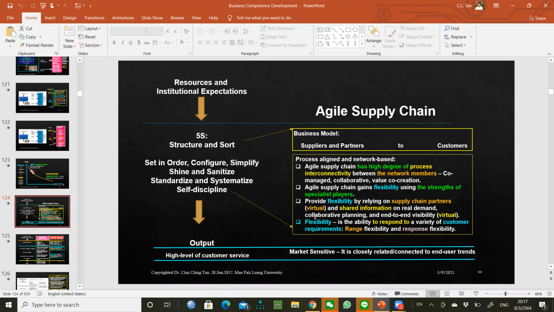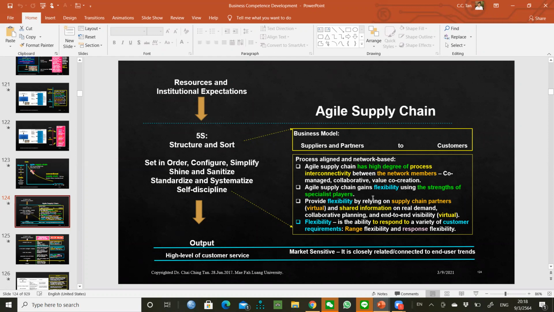Okay, so you can refer back to my previous YouTube on this, but if you focus on this I5S in the sense of agile supply chain, which through the isoquants, increases data to wisdom, to knowledge and wisdom, then we are talking about the retransformation of your supply chains from conventional to agile, in a sense of high degree of process interconnectivity.